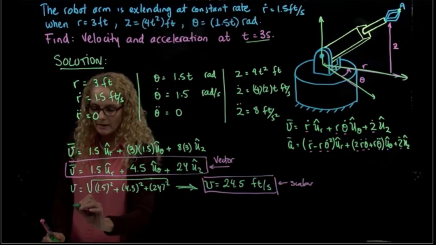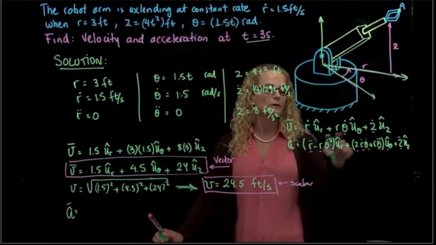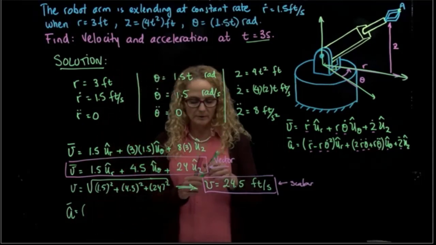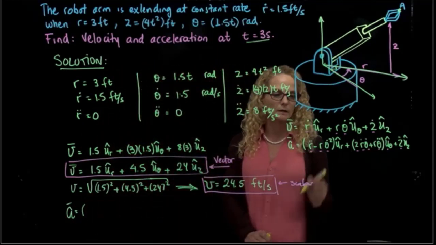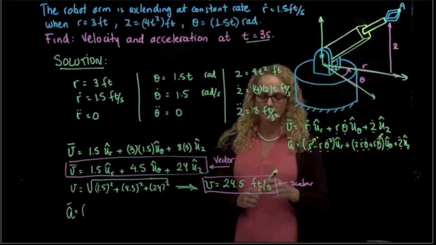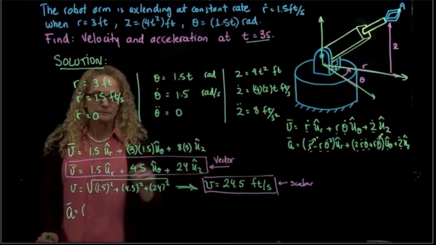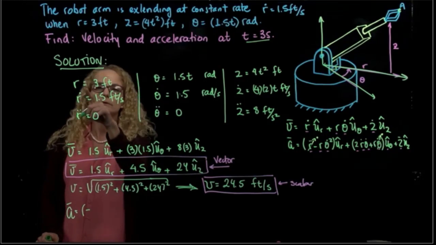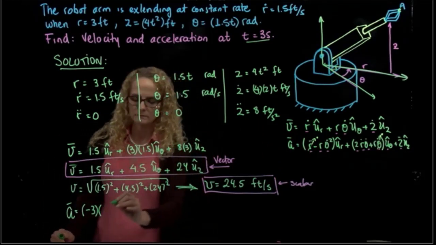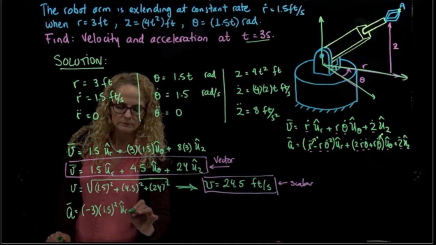Here we have the acceleration, and we just substitute our values into this expression. We have r double dot equal to 0, so let me mark those expressions as 0. This makes the expression a little bit shorter. So that will be equal to negative r times theta dot squared in the r direction.